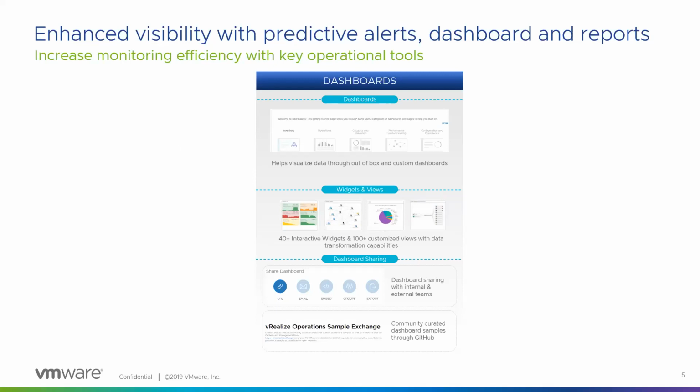The customers I work with using Aria Operations that are really successful, they tend to create their own dashboards to help focus on specific objects, specific pieces of the environment, right? If you're looking at a landscape with, let's just say, 5,000 virtual machines, there are definitely going to be some that are more important than others.